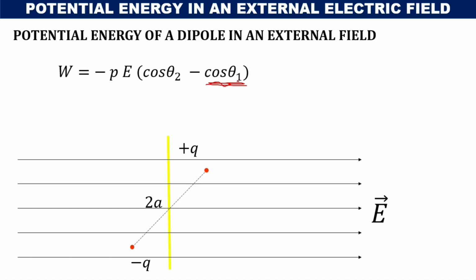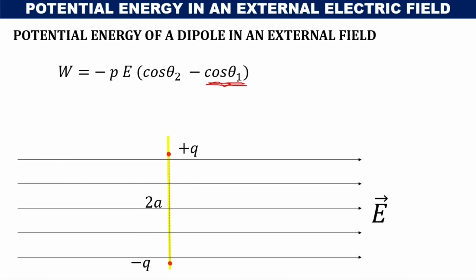When we draw a line perpendicular to the direction of the electric field, since the electric field is uniform, this yellow line is perpendicular to every electric field line. While discussing the properties of the equipotential surface, we know that the electric field line must be normal to the equipotential surface. Therefore this yellow line is representing the equipotential surface.